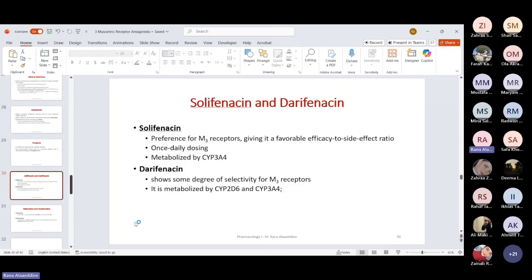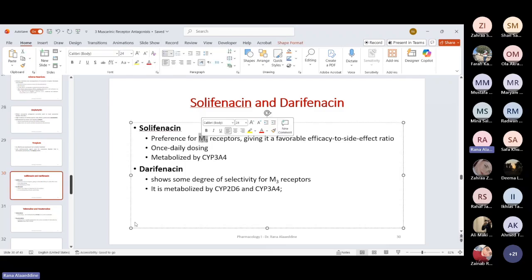Solifenacin and darifenacin, those drugs, let's say they're cousins, they're related. But these drugs have a specific effect, which is on M3, which is good. We rarely see any muscarinic drugs that are selective. But having an effect on M3 is even better because this is the effect that happens usually on the urinary bladder. This is once daily dosing, which is good for the patient, and it's metabolized by CYP3A4.